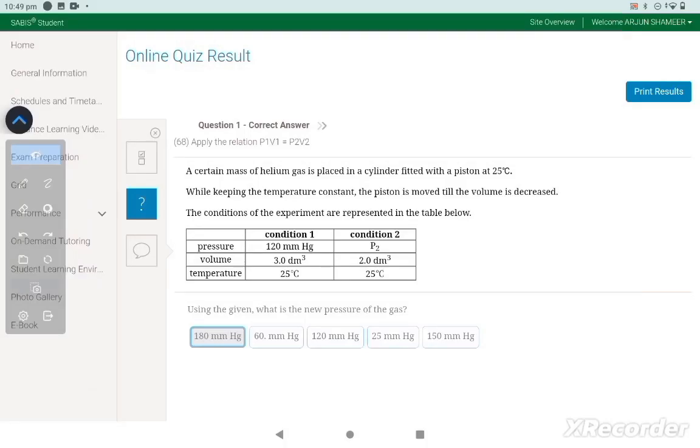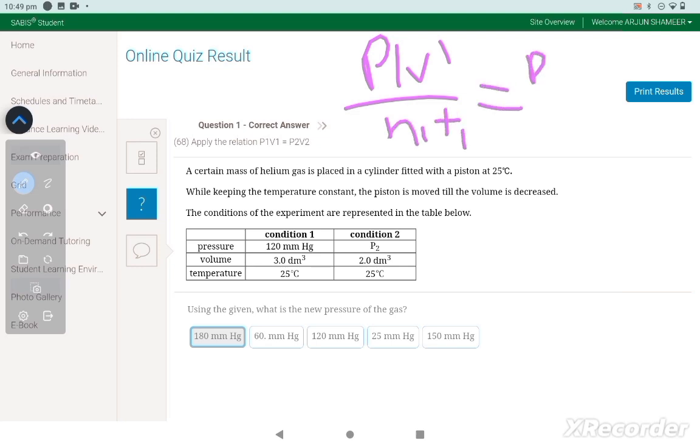Okay, for the first one, we have to do P1V1 over N1T1 is equal to P2V2 over N2T2.